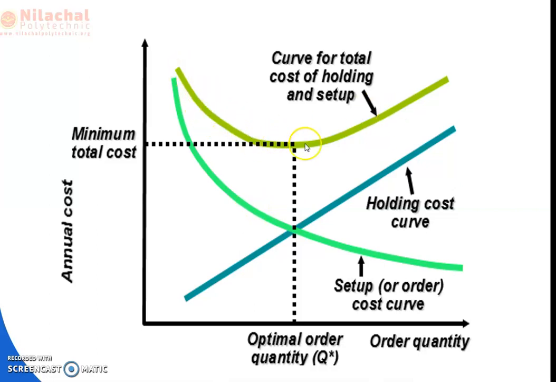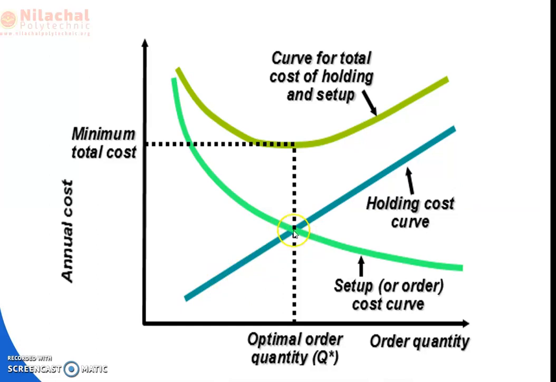The sum of the inventory carrying cost and the purchasing cost is known as the total cost. There is an intersection point of the inventory carrying cost and the purchasing cost.